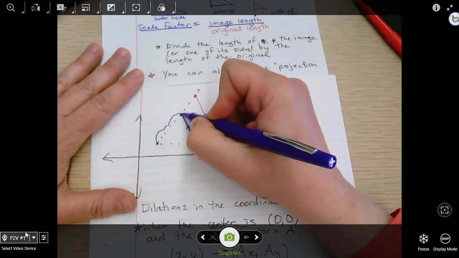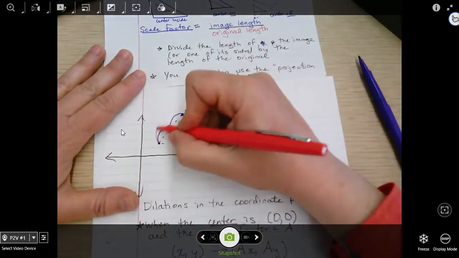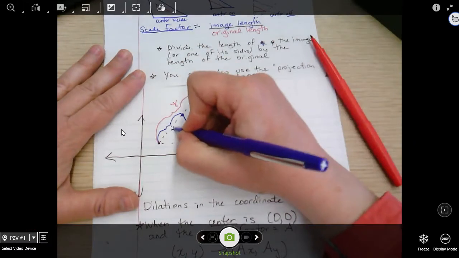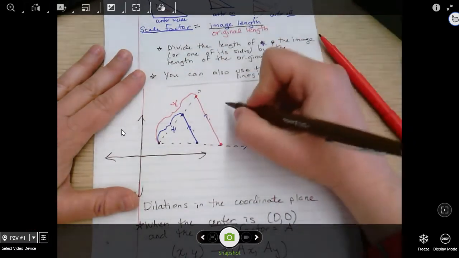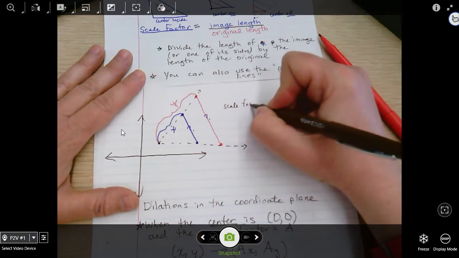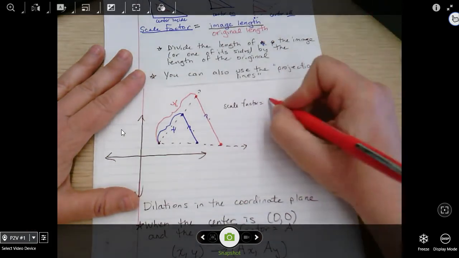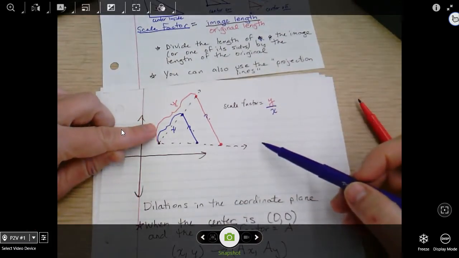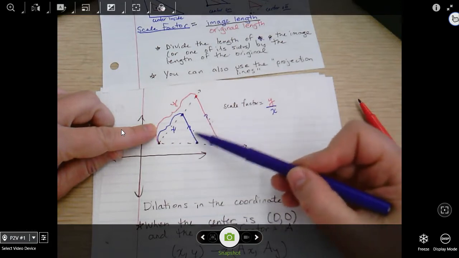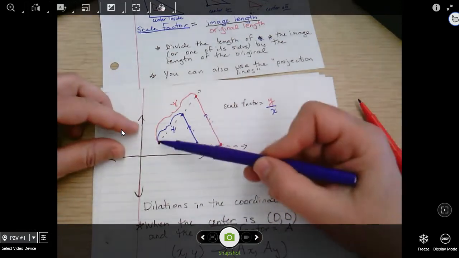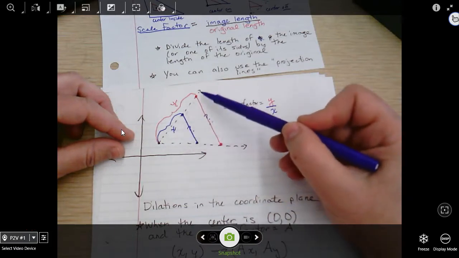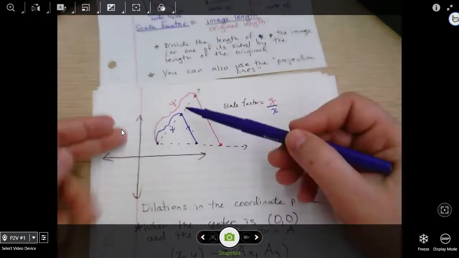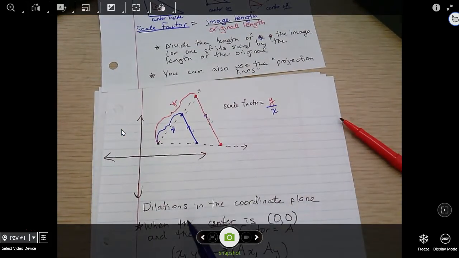If I call this y and this x, then the scale factor is y divided by x. So if you don't know the lengths of the actual figures, maybe to give you a picture, but you are able to calculate these, then you can use the lengths of parts of the projection line to figure out the scale factor.